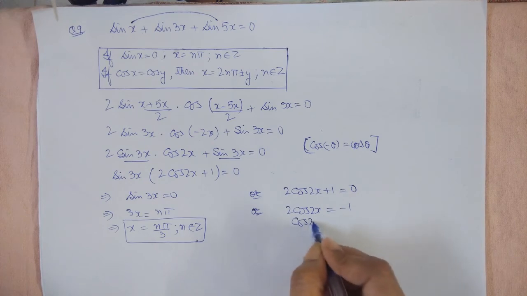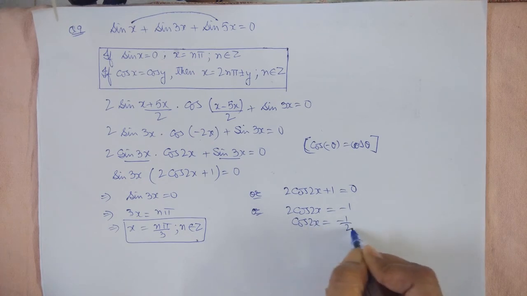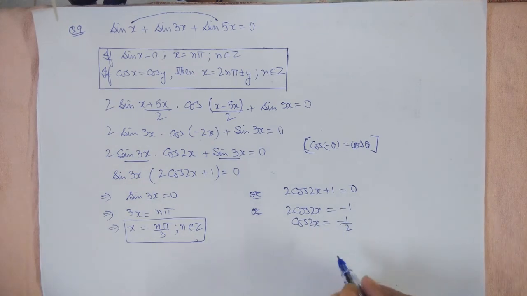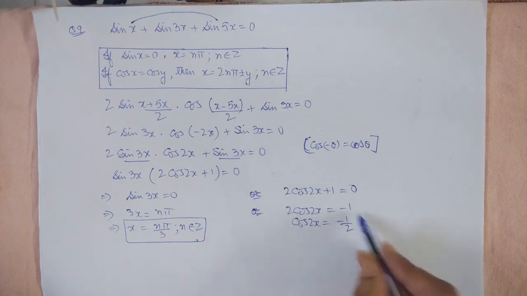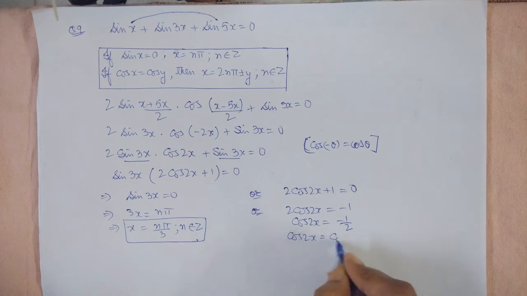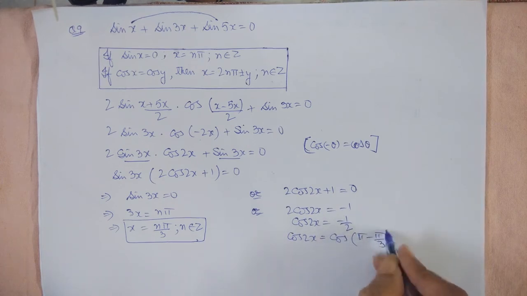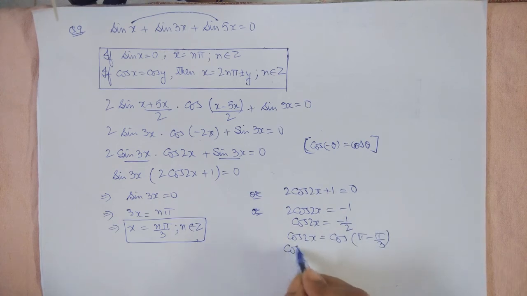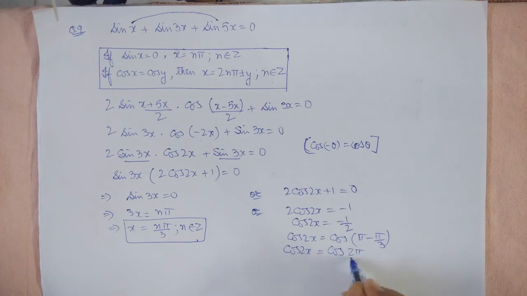So cos 2x equals minus half. Now, what should be the next step? Now you have to see in which quadrant it should lie. So cos 2x is minus half, so cos(pi minus pi by 3). So it will become cos 2x equals cos 2 pi by 3.